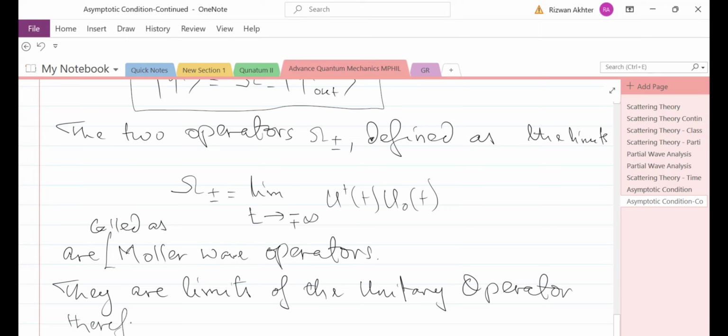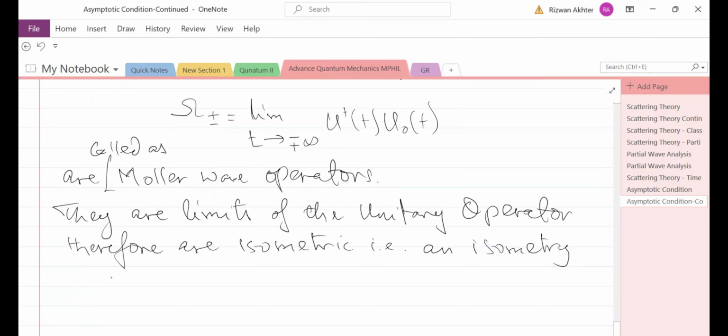An isometry is a distance preserving transformation.